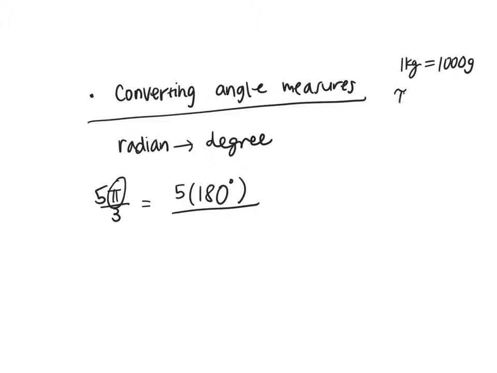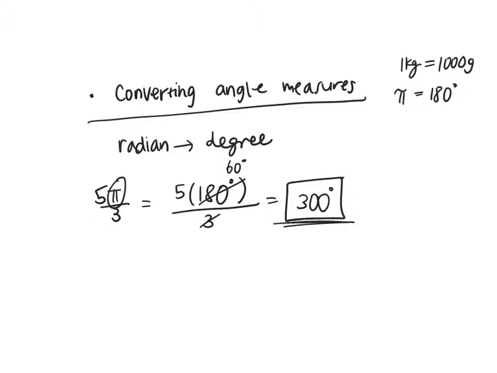So I know that since 1 pi radian is equal to 180 degrees, you can swap them. And then you just reduce, getting 300 degrees in this case. Okay. Just as a heads up, sometimes you may not get a nice integer like this, and you may need to leave your final answer as a decimal or a simplified fraction.